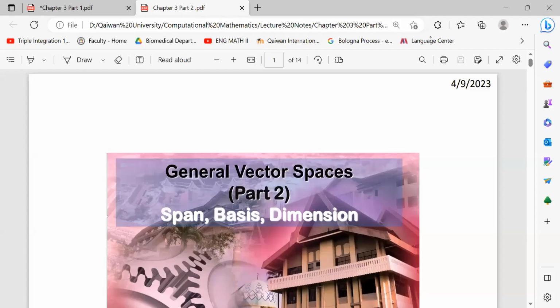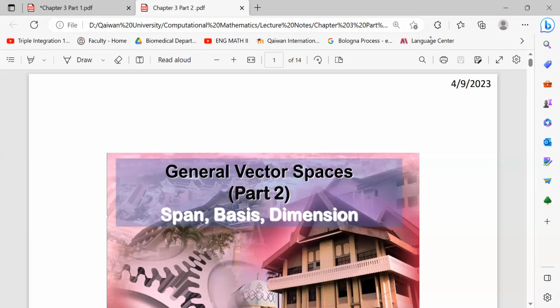In part 2, in this section, we talk about span, basis, and dimension. In the first section, we just talked about vector space. In a vector space, we have 8 conditions, and in a subspace, we have only 2 conditions. We say a subset of a vector space is called a subspace if it satisfies those 2 conditions we talked about today.